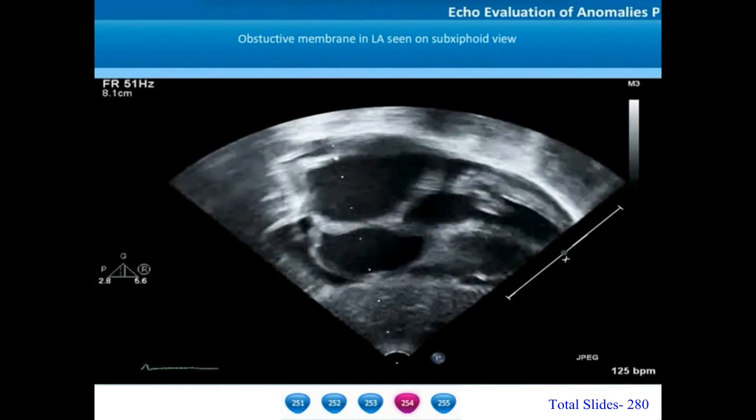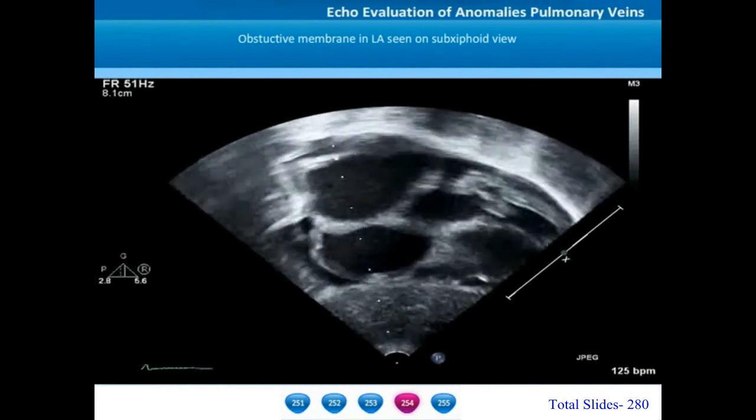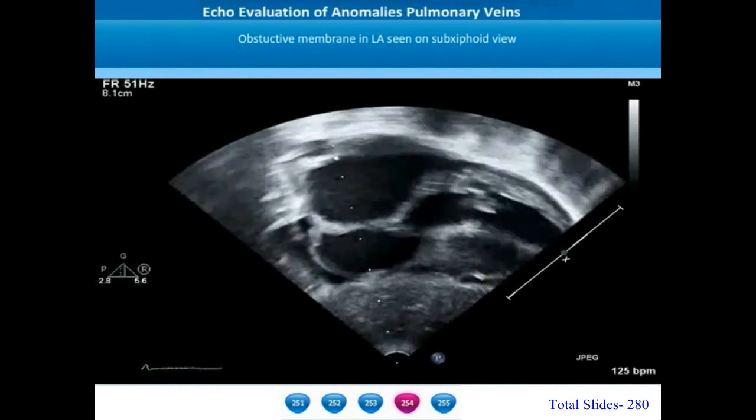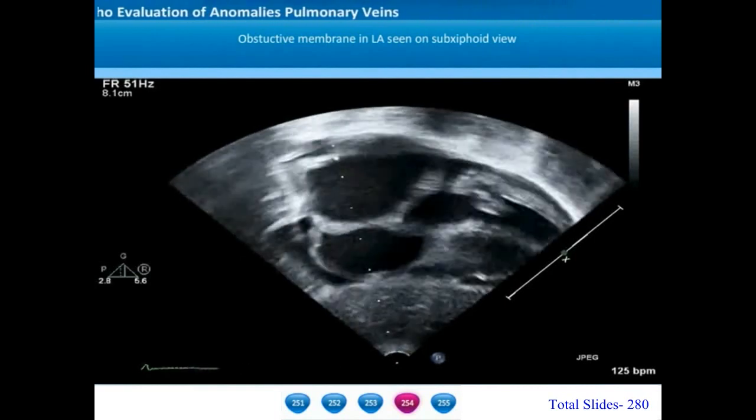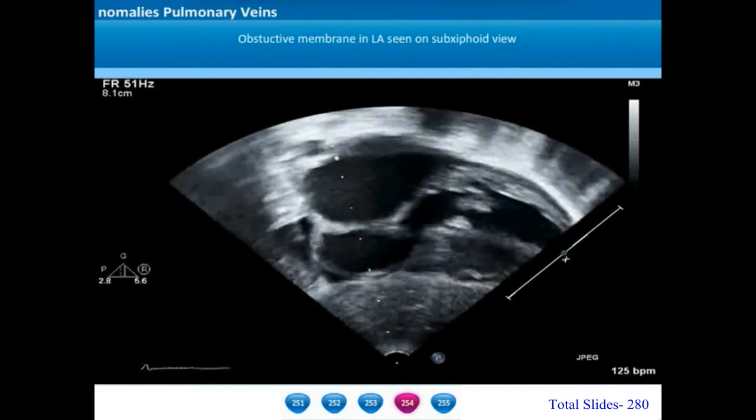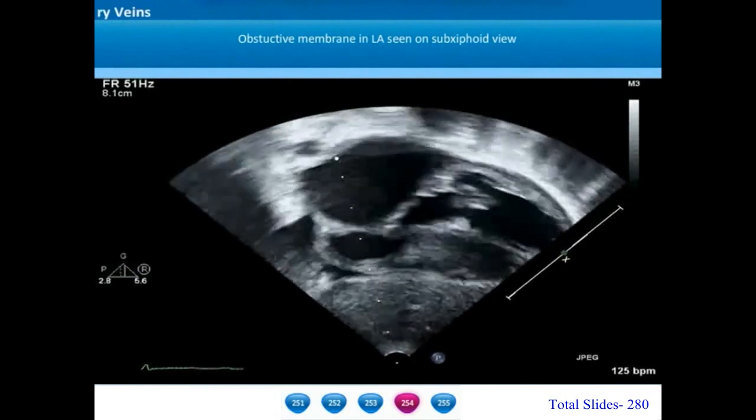On a subxiphoid coronal view, we are able to see the partitioning of the left atrium very clearly. The large obstructive membrane is seen coursing entirely across the left atrium.